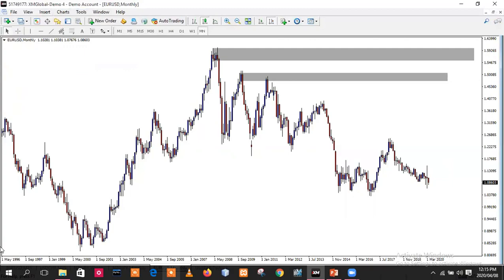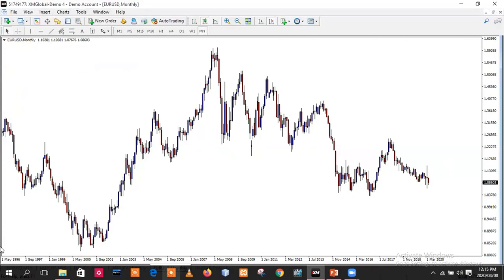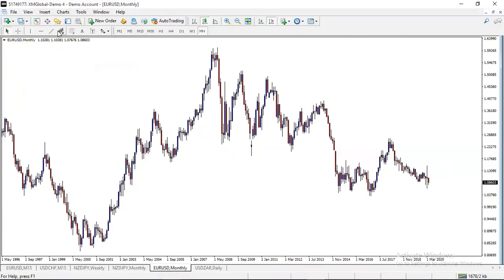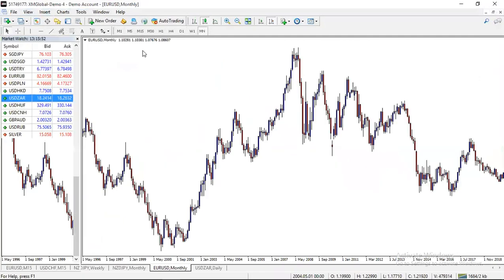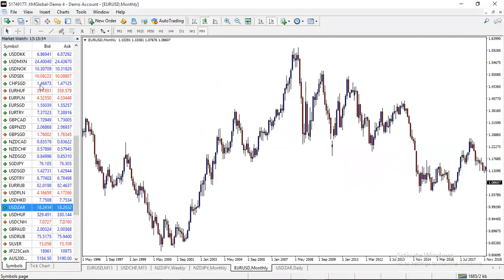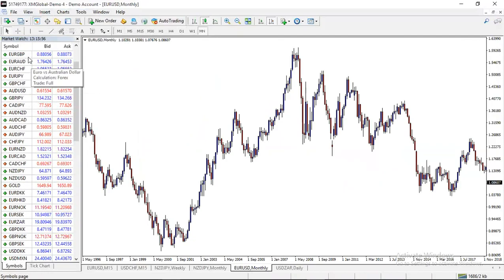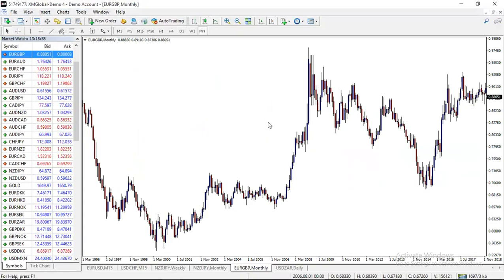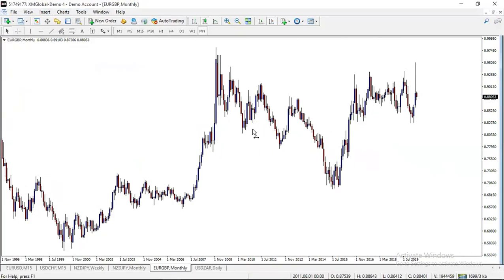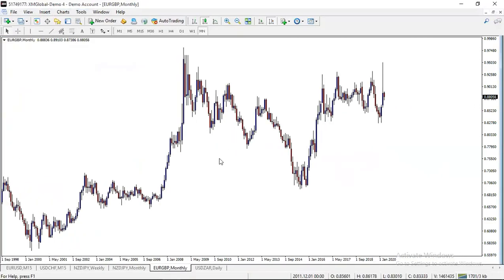So if a support area is not respected, let's say you had marked a support, maybe on a different pair.